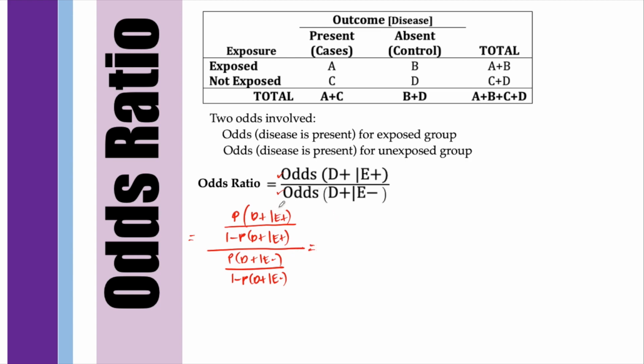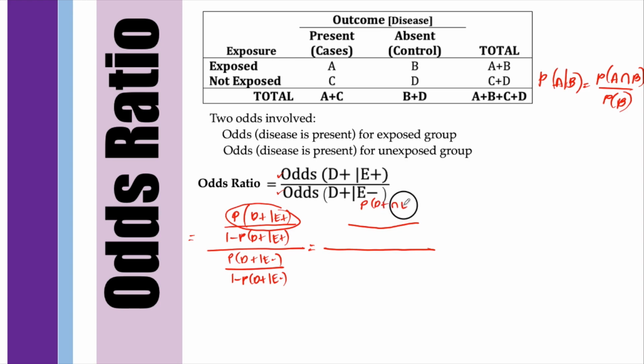Now, since this is a conditional probability, again, probability of A given B is the probability of A intersection B over the probability of B. So the numerator here is the probability of disease and at the same time exposed over the probability of being exposed.